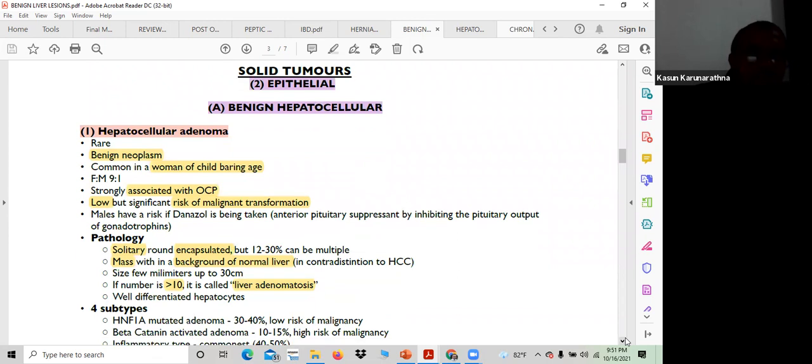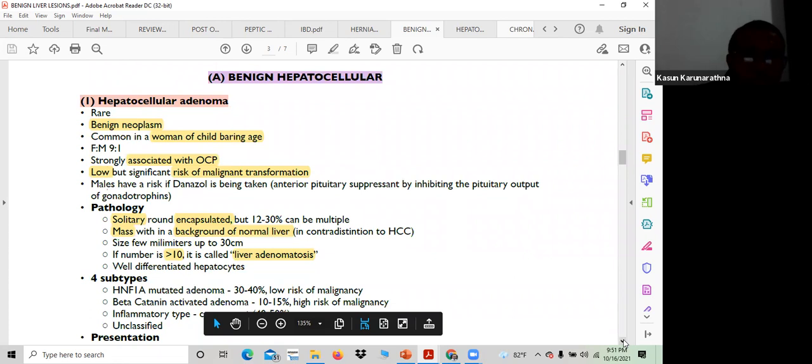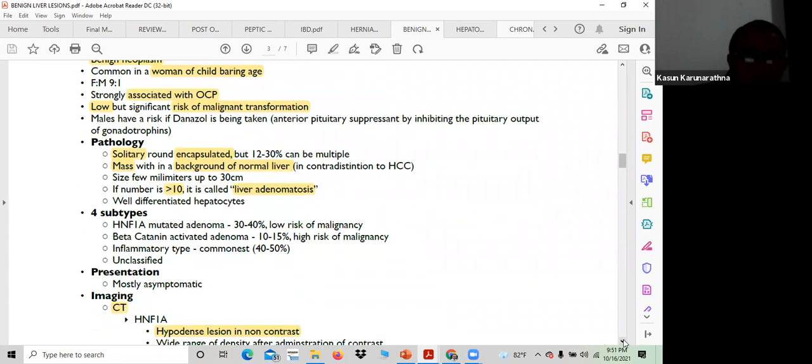Hepatocellular adenomas are rare benign neoplasms, common in women, strongly associated with OCP, right? There is a low but significant risk of malignant transformation as well. That is with regard to hepatic adenomas, right?